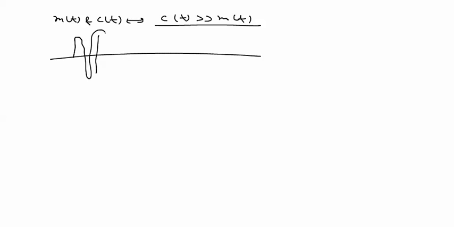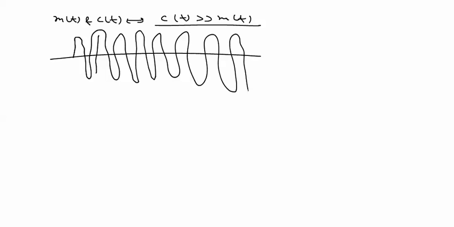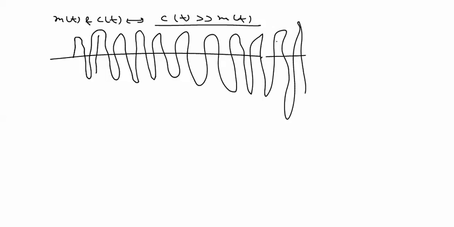Message signal frequency is put on into the carrier frequency. This is the basic idea: carrier frequency is the dominating frequency. Carrier frequency decides the switching device, means the switching device is driven by carrier frequency.